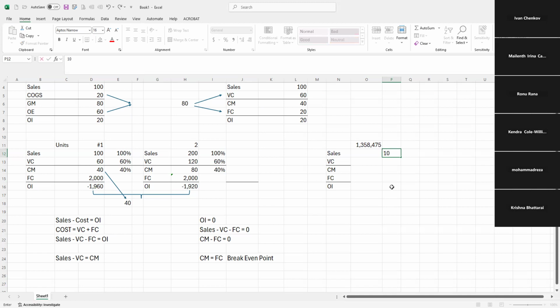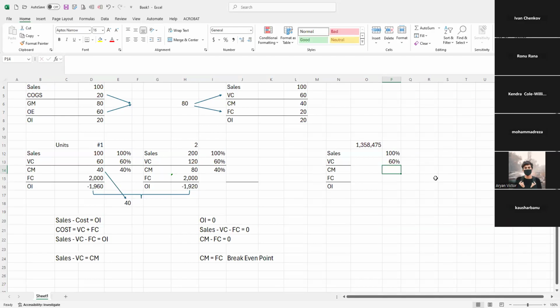Obviously, that will be 100%. How about the variable cost? Again, I'm not changing the variable cost, I'm not changing the sales. 60%. How about my contribution margin? 40%. How can I get it?